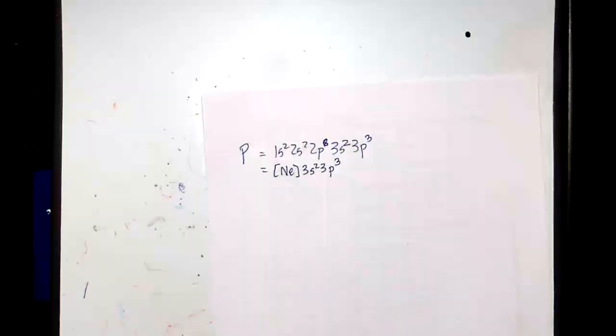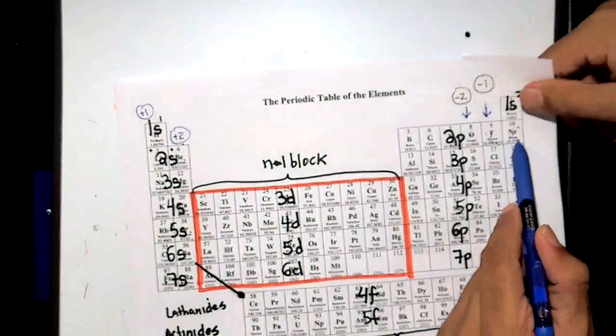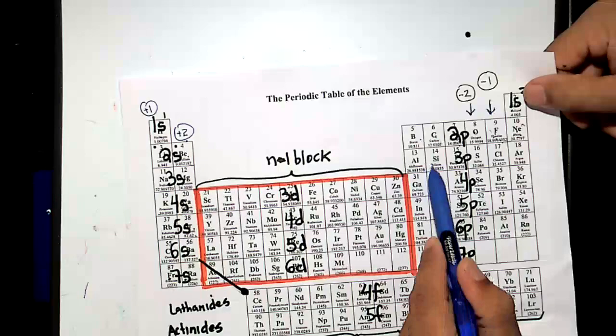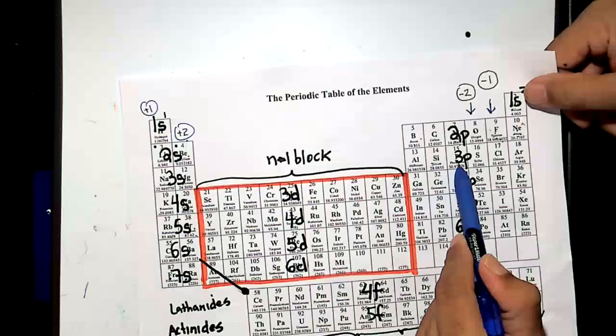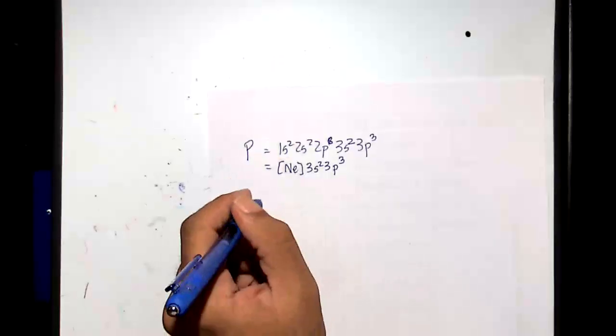So this is what it will be for phosphorus: neon 3s2, 3p3. The neon fills up the 10 electrons, and then 11, 12, 13, 14, 15: 3s2, 3p3.